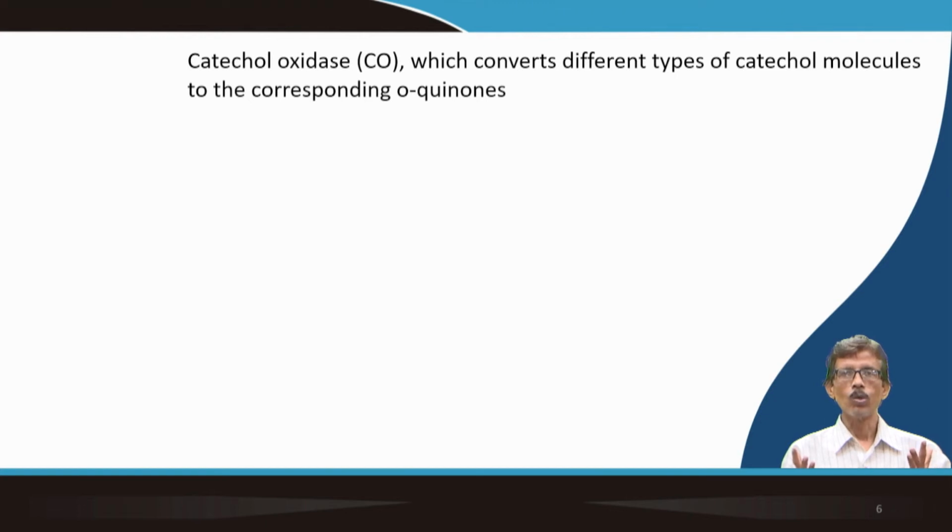Then what you can do is just compare which is there in hemocyanin and why hemocyanin is functioning only in this fashion and why tyrosinase is functioning in a different fashion and your catechol oxidase also. So, the name will tell you, CO will tell you that it converts different types of catechol to its quinone, that is why it is known as catechol oxidase.